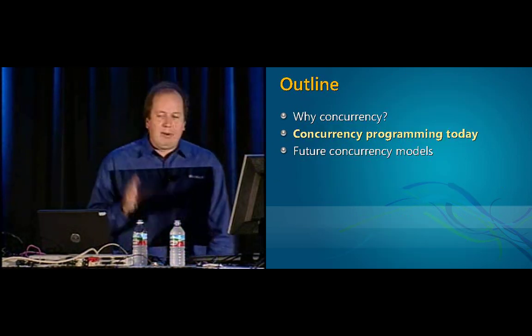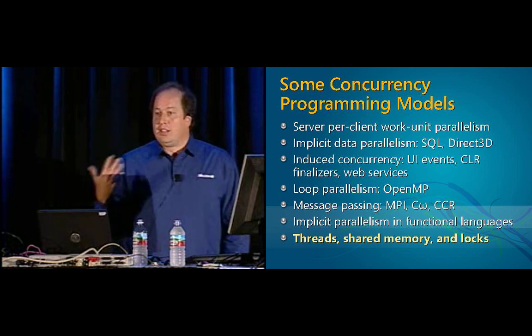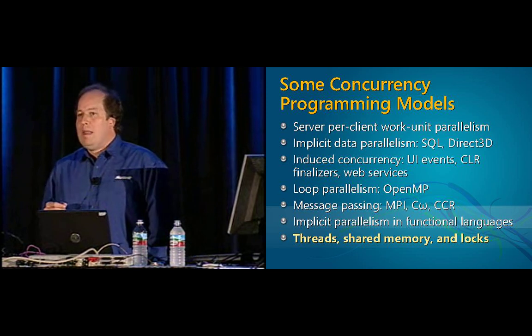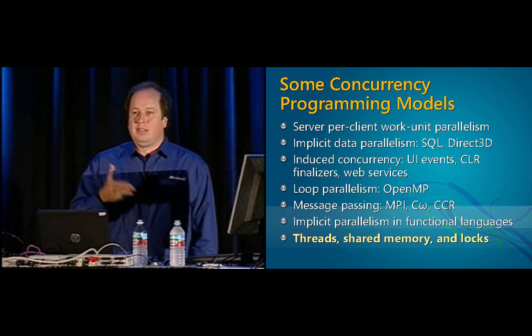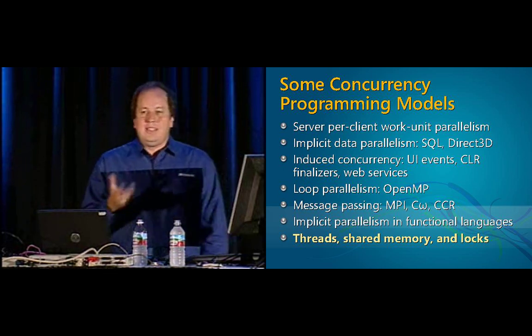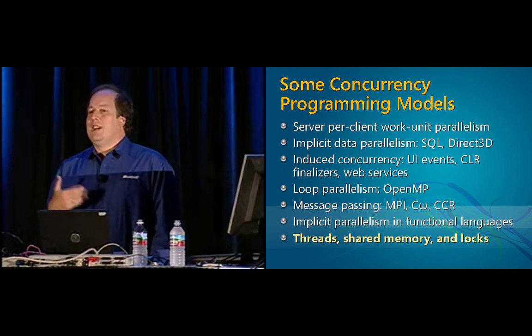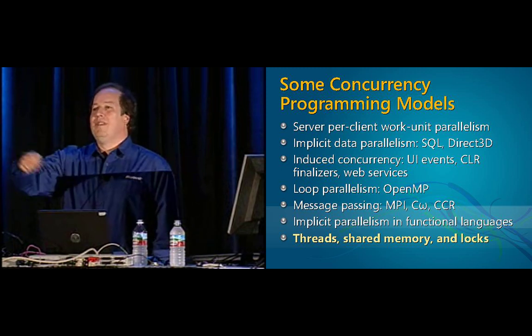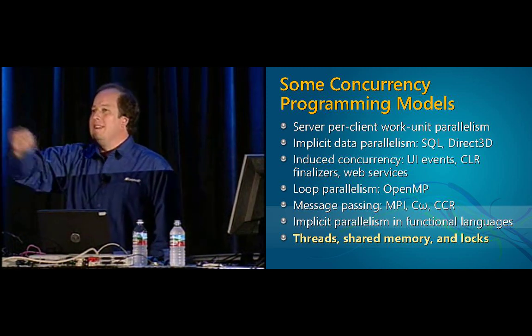Okay, so now we're going to talk about how you can take advantage of concurrency and parallelism today. It turns out there's lots of different parallel programming models, and some of them are more or less appropriate for different settings. The easiest one to think about taking advantage of is on the server, where you've got lots of client work coming in, and you can afford to give those client units of work to a thread each.